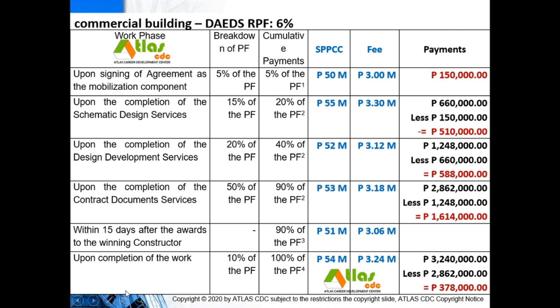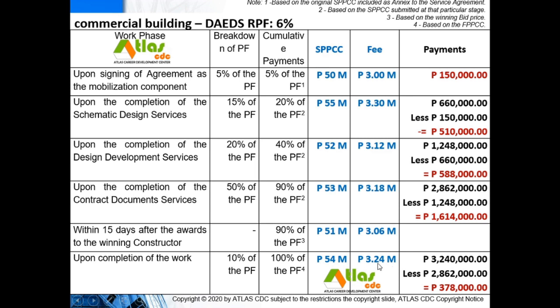Now, upon completion of the work, you must get the full 100% of your professional fee. Your PF now is based on the final project construction cost. So if this is the final project construction cost, 6% of that is 3.24 million.